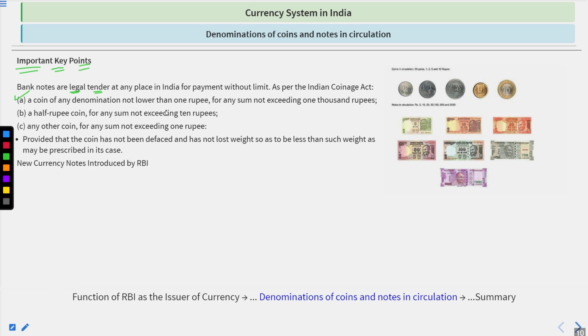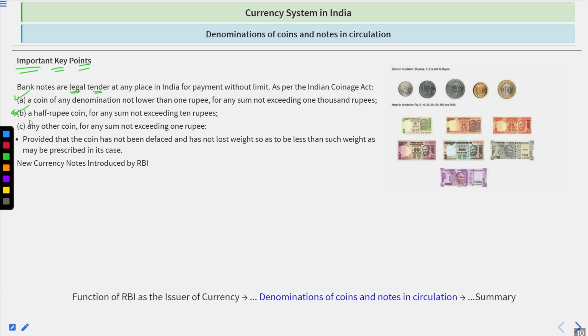If it is lower than 1 rupee, you could not avail this option. If it is equal to or more than 1 rupee, you could avail this option. You could make the payment using these coins for any sum, but the maximum payment limit is 1000 rupees only. You could not go beyond 1000 rupees while making the payment using coins.